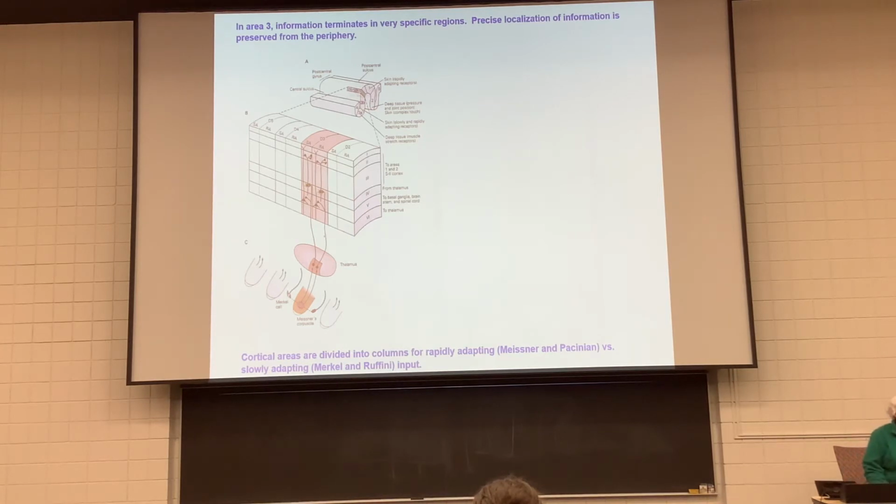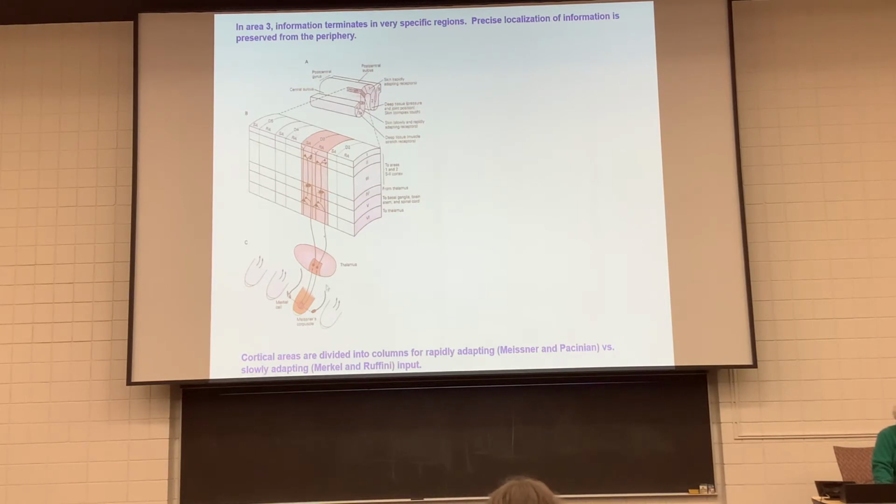Not only that, remember one of the other things we talked about on Tuesday was that these different receptors had the physiological property of adaptation. Some were slowly adapting, some were rapidly adapting, and that had a lot to do with whether I am going to be able to feel something and detect its shape versus feeling something that's maybe moving across the skin, or texture. And each of those receptors has its own little column within the space dedicated to each of the digits.